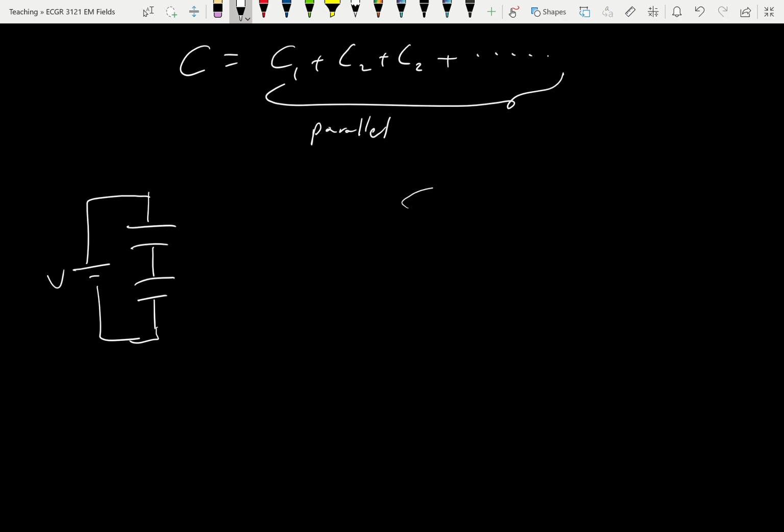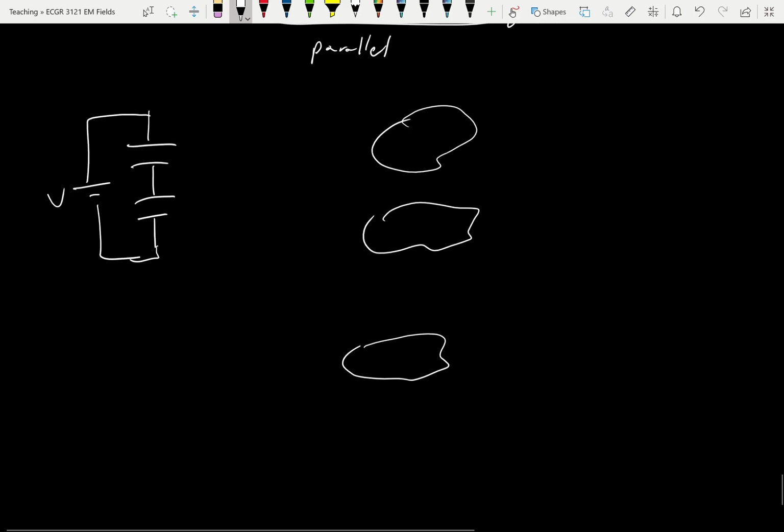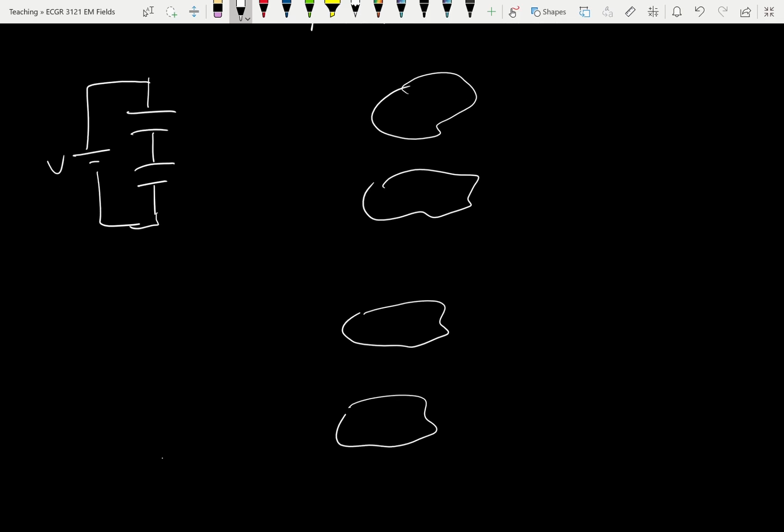This is the first capacitor, two conductors, and then another capacitor, two conductors. This is plus Q, minus Q, plus Q, minus Q. Then I have a conducting wire here. The idea here is that the charge is going to be the same. Why?